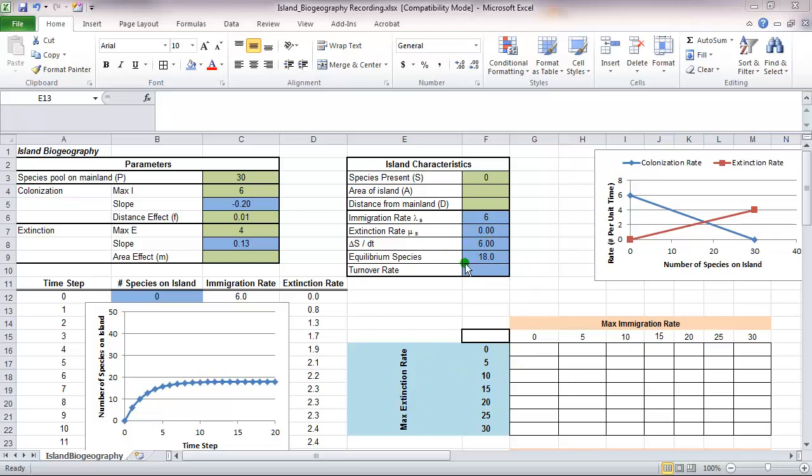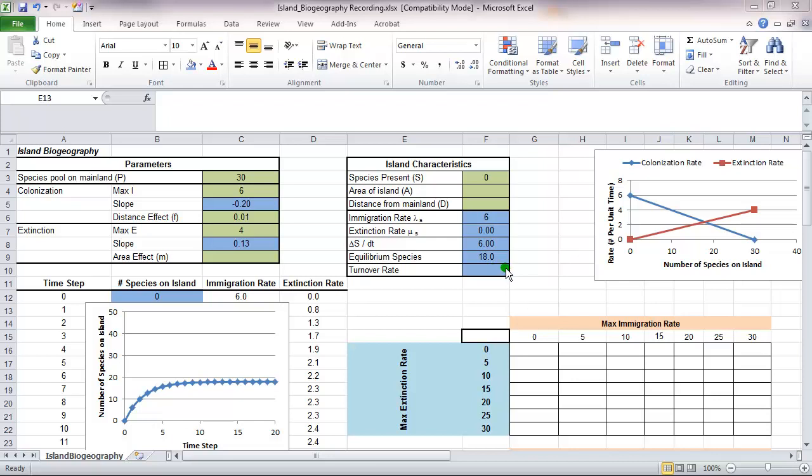Jed alluded to that in his lecture. And then the second goal of this spreadsheet exercise is to add in the effects of area and distance into our island biogeography equations. So let's start off with the first part, which is just simply calculating the turnover rate.